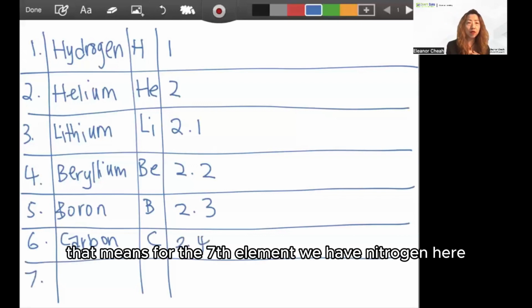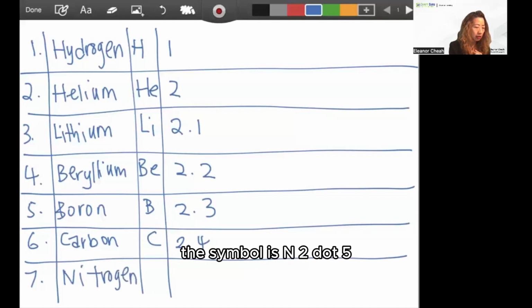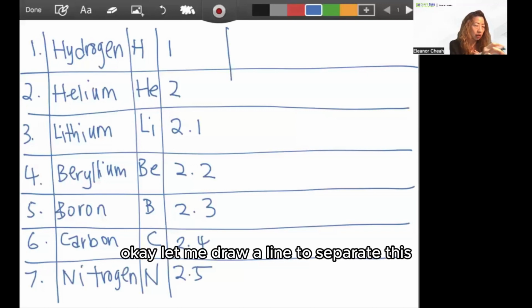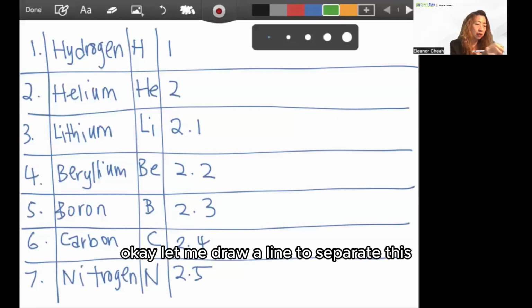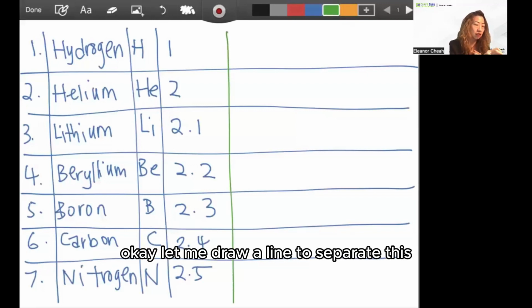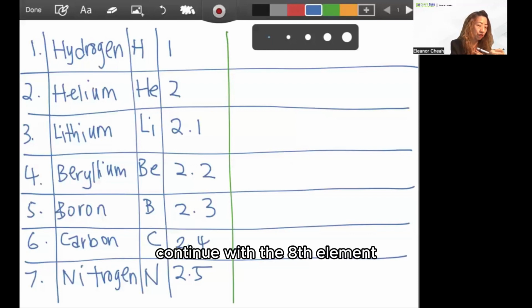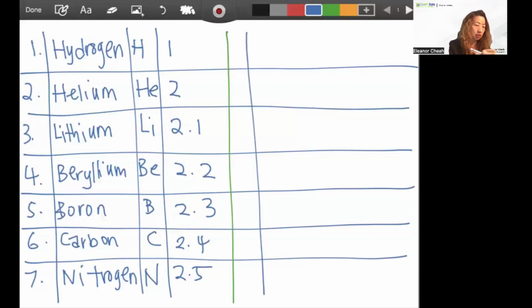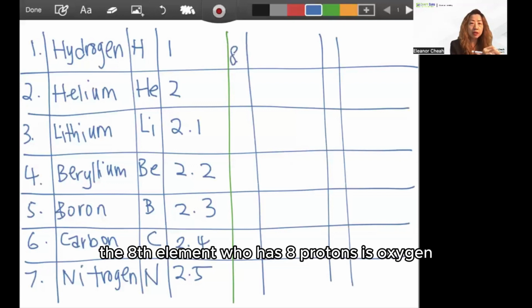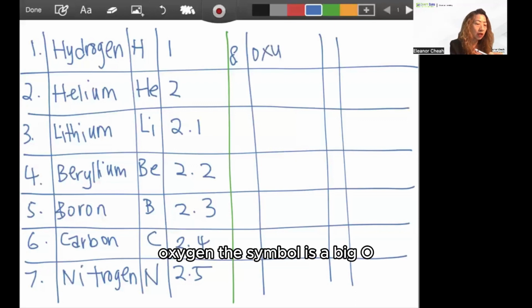Next, we have nitrogen here, and the symbol is N, 2.5. Okay, let me draw a line to separate this. Continue with the 8th element. The 8th element, which has 8 protons, is oxygen.